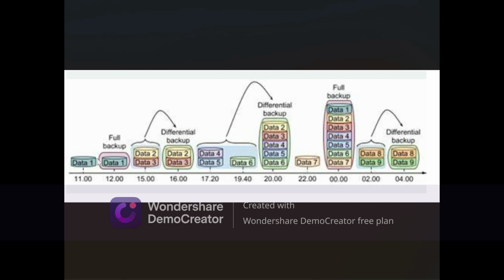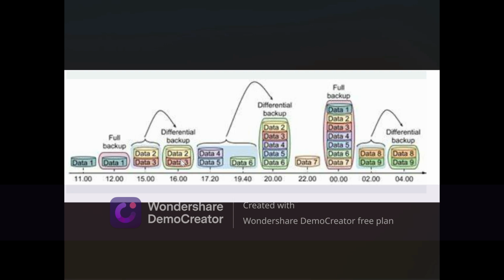So the full backup contains whatever the transactions are there. At 3 o'clock the full backup has been done, it contained d1. At 3 o'clock data 2 and data 3 transactions happen, contained in the blocks of data 2 and data 3. At 4 o'clock a differential backup is taken.